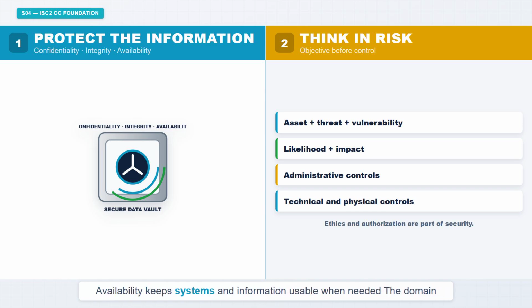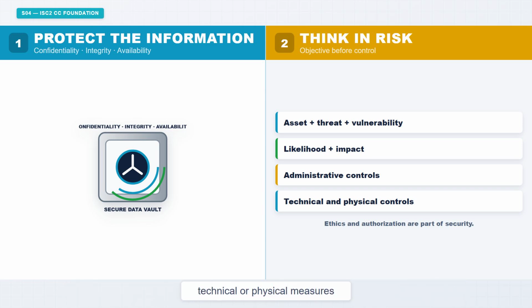Availability keeps systems and information usable when needed. The domain also covers authentication, privacy, non-repudiation, governance, risk management, security controls, and professional ethics. A useful mental model is asset, threat, vulnerability, likelihood, and impact. Controls then reduce risk through administrative, technical, or physical measures.